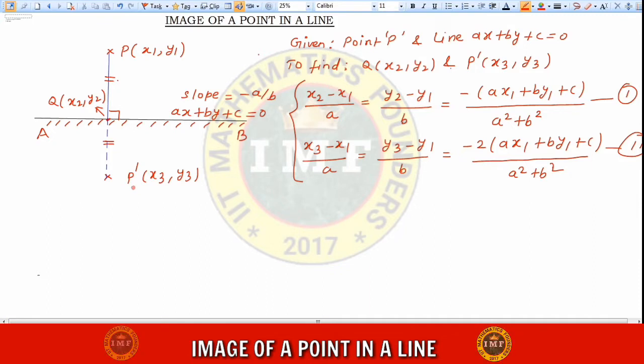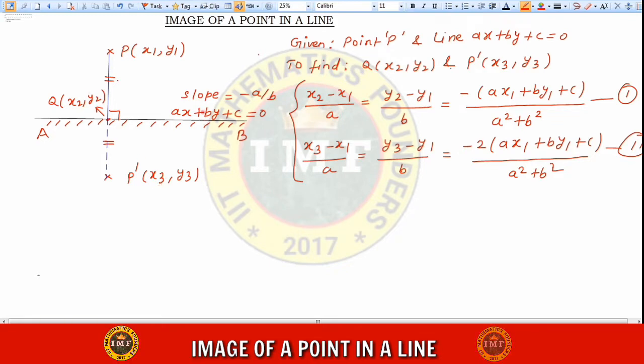Here I have considered that P dash is the image of P with respect to AB, and this Q is the foot of the perpendicular from P on this line AB. So two things are known to me, the coordinates of the point P and the equation of line AB, and I have to find the foot of perpendicular Q and the image of P, which is P dash.